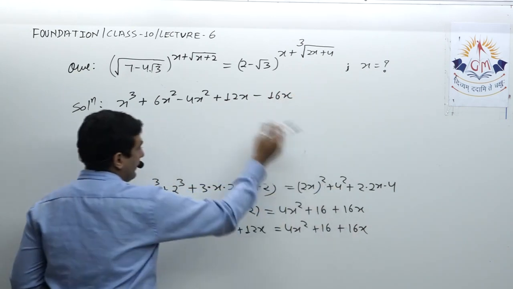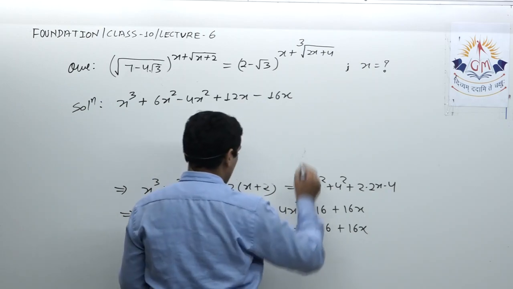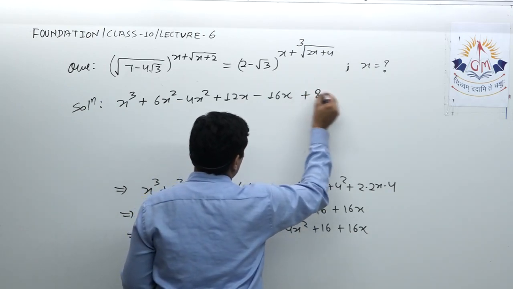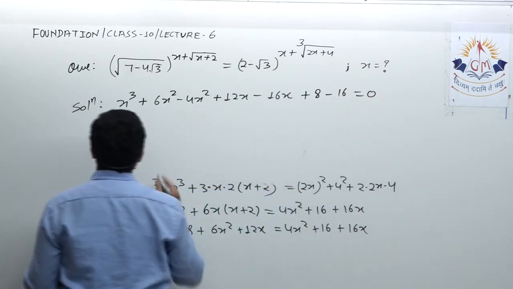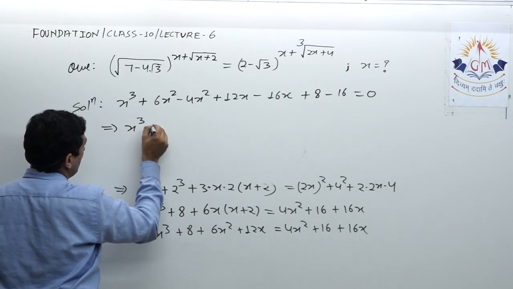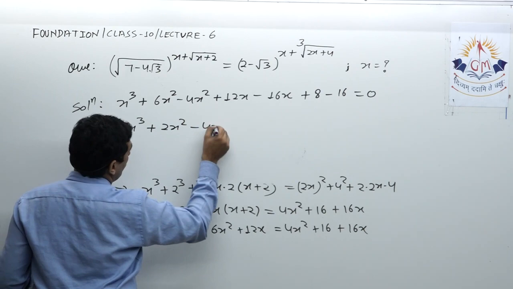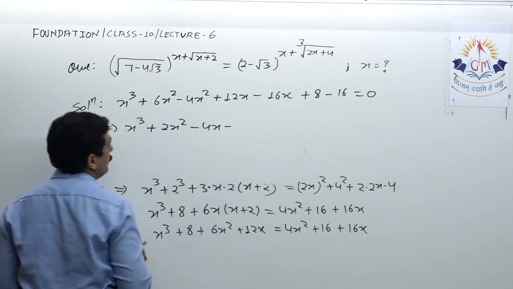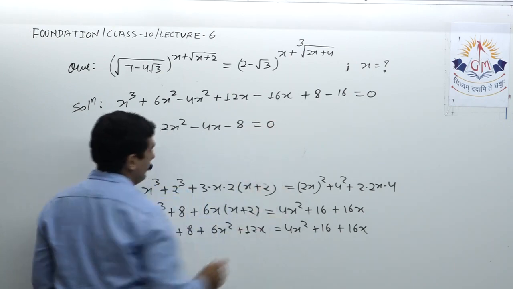Yes, it is 16x. I will bring it on the left hand side, minus 16x. Then finally it is 8 minus 16 is equal to 0. So here I'll get x cube plus 2x square minus 4x minus 8 is equal to 0.